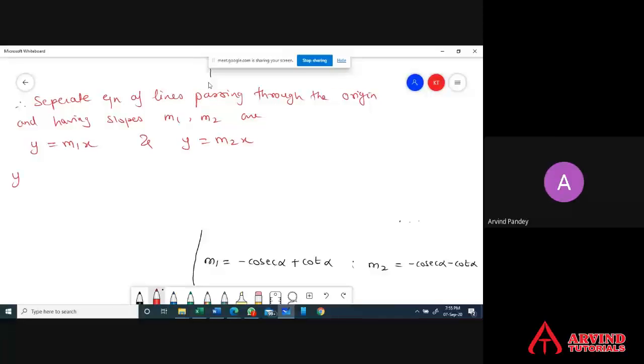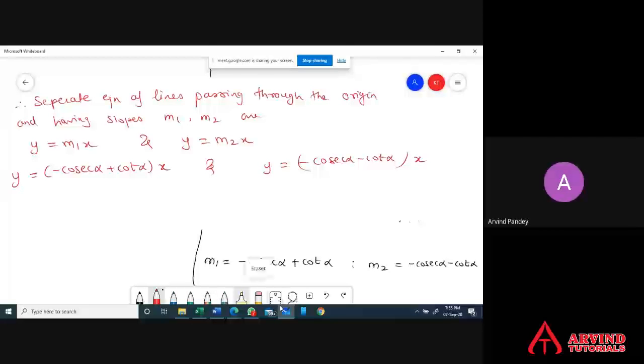So it will be y equal to minus cosec alpha plus cot alpha x and y equal to minus cosec alpha minus cot alpha x.